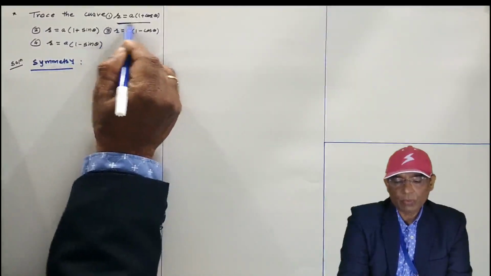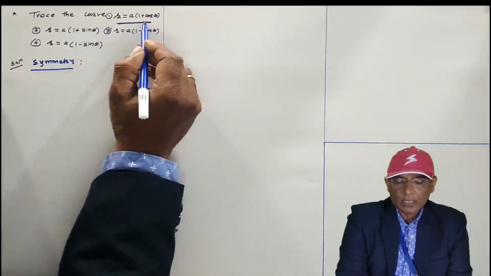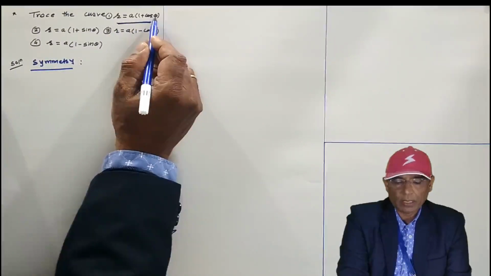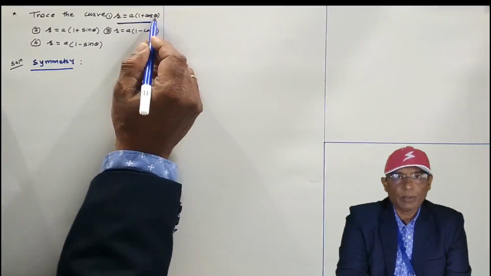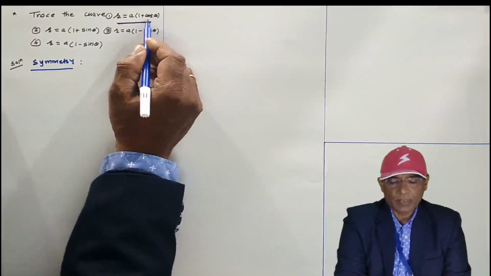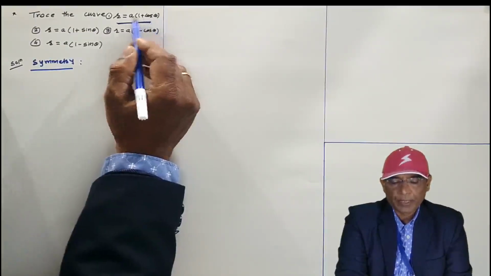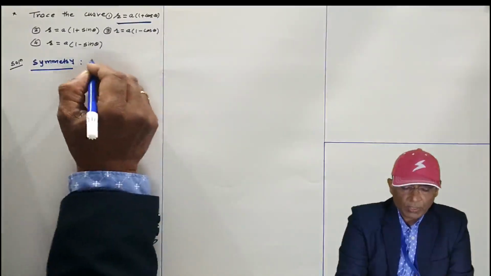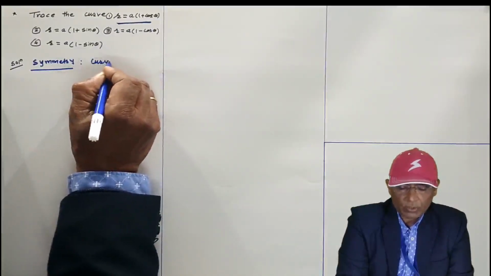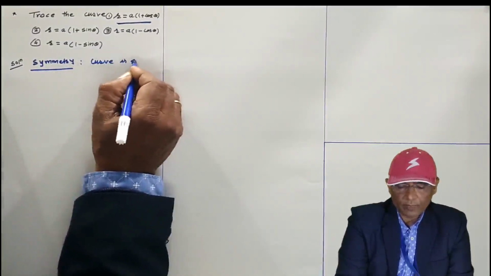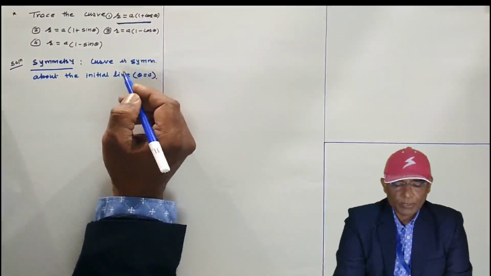This first curve I am going to trace. If you replace theta by minus theta, the equation remains the same. Just as we have said, if you substitute theta equal to minus theta, then the value of r remains the same. Therefore, the curve is symmetric about the initial line.